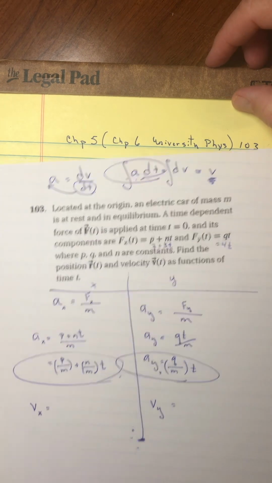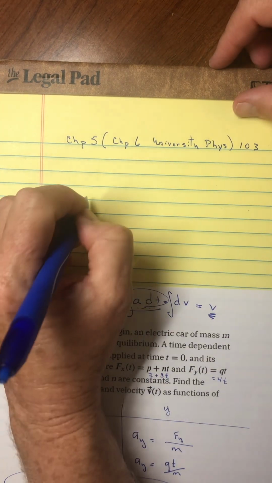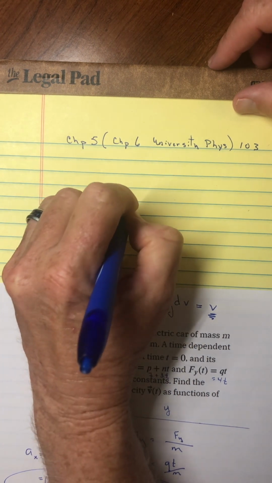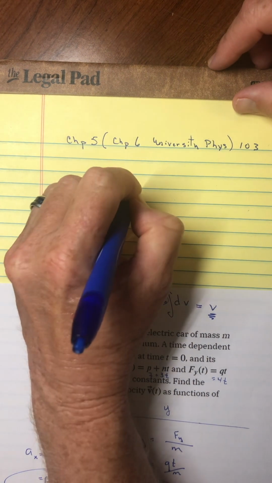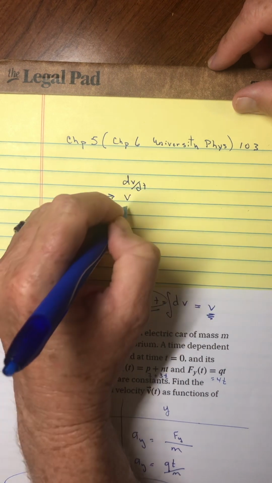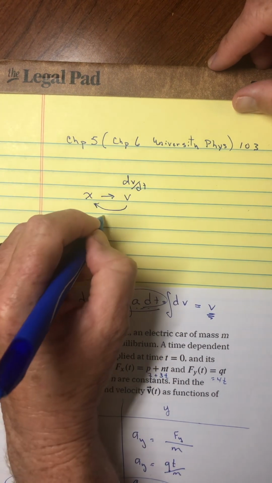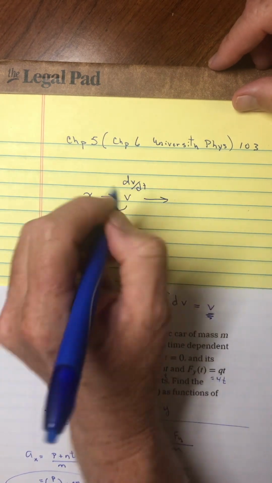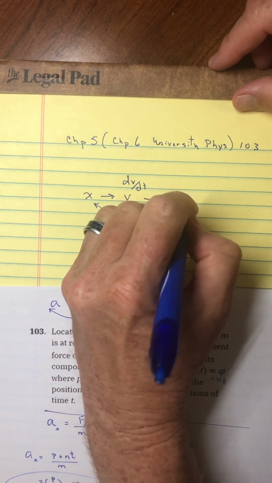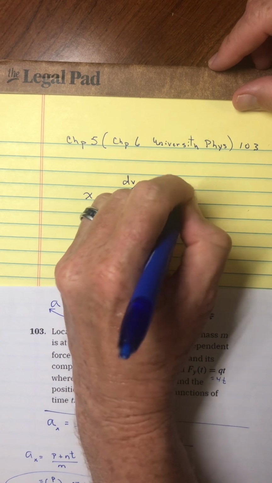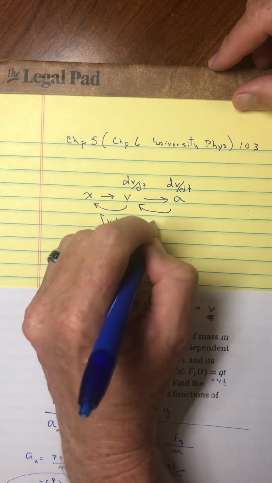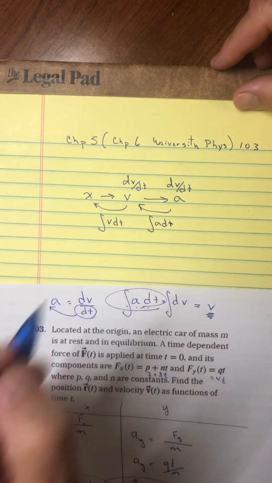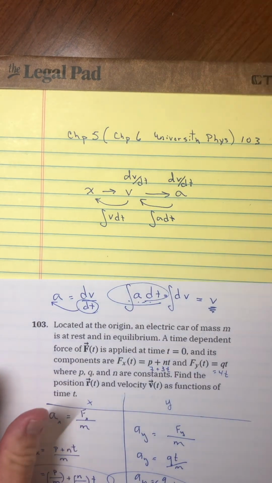This should look a little bit like the chart I showed, which says if you have position, you can get to velocity by taking the derivative, which means in reverse, you can get to position by integrating velocity. And likewise, to get from velocity to acceleration, you can take its derivative, which of course means the inverse operation is to integrate, or take the antiderivative of it.